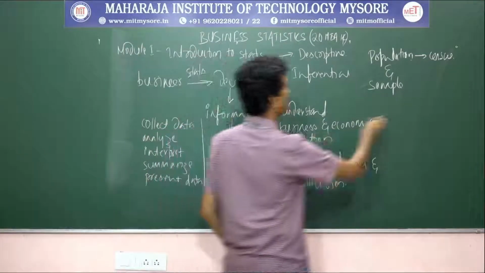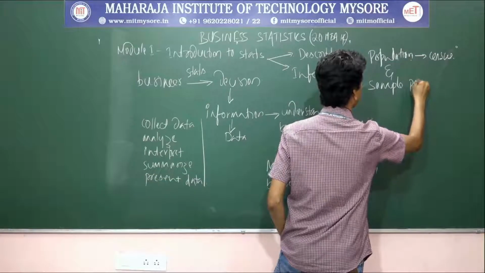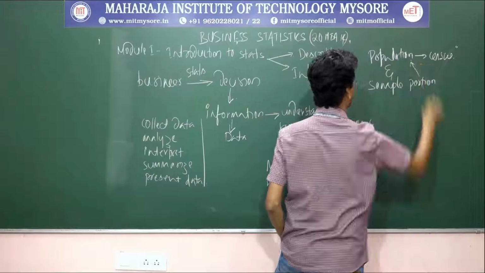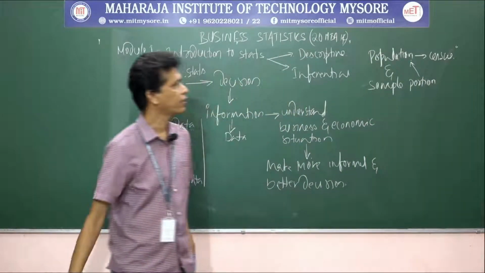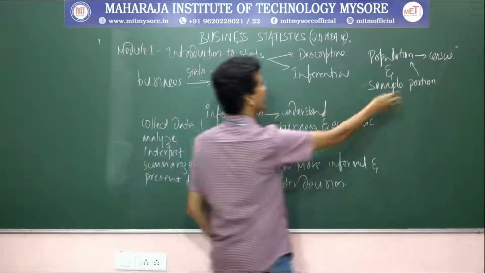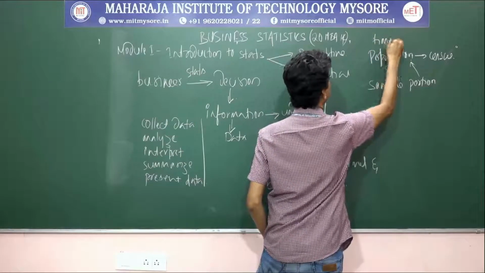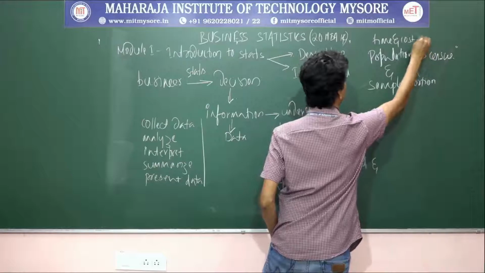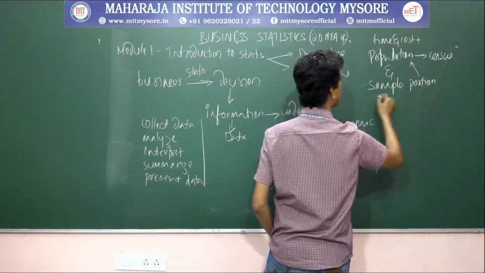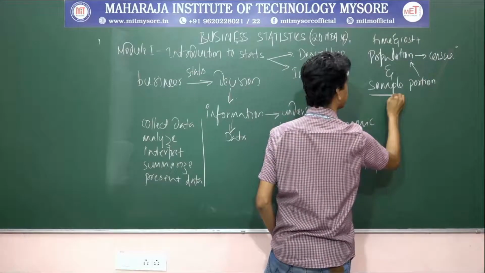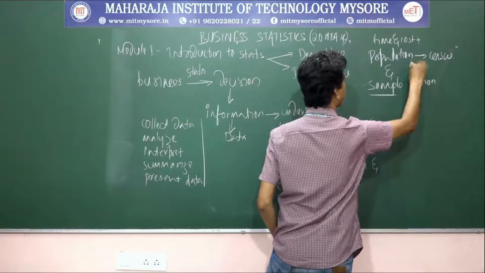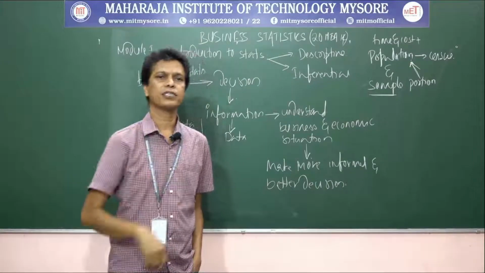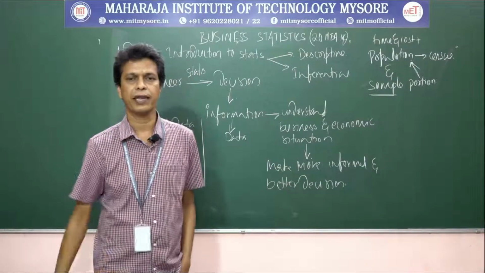Here, the sample is a portion of this population. Okay? We cannot gather data from the population because of the time and cost and other considerations. That is why we prefer to work with a sample, which is the portion of this population. So when we say the portion of the population, how should it look?